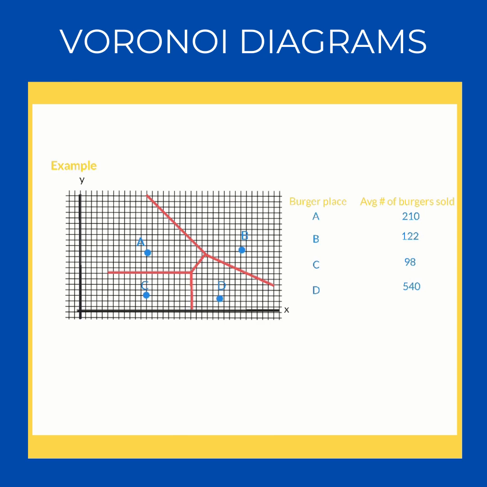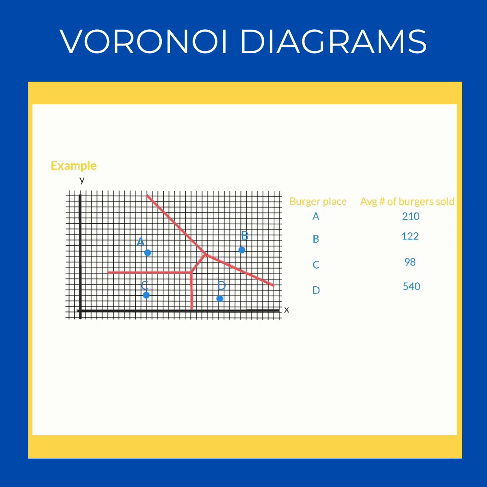I have 4 blue points which are called the sites, and all these sites represent burger places. The burger places are A, B, C, and D, and they are located within a particular region.